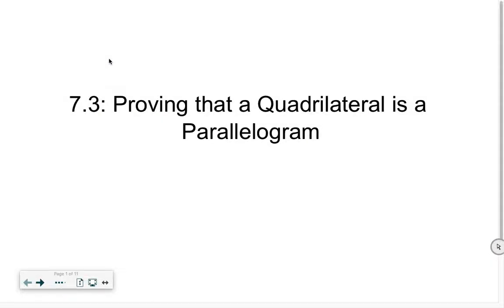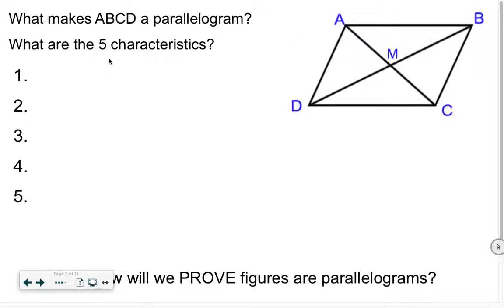We're going to add one little theorem to it today, but let's just review real quick. The 5 properties we've talked about so far, or the 5 characteristics that make something a parallelogram.